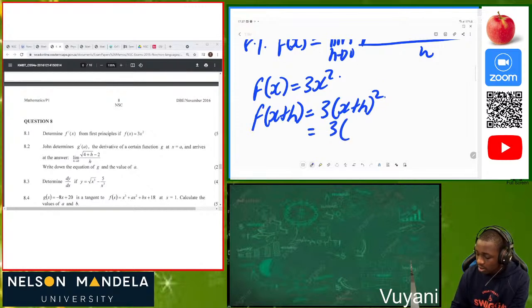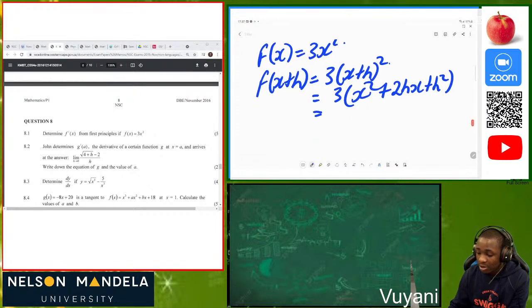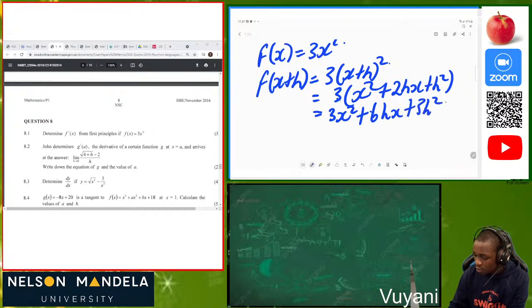Expanding that bracket gives x squared plus 2hx plus h squared. Then multiplying by the scalar, 3 times x squared is 3x squared, plus 3 times 2hx is 6hx, plus 3h squared.